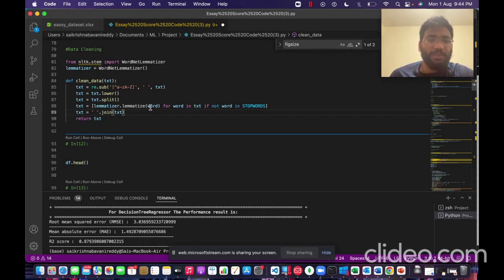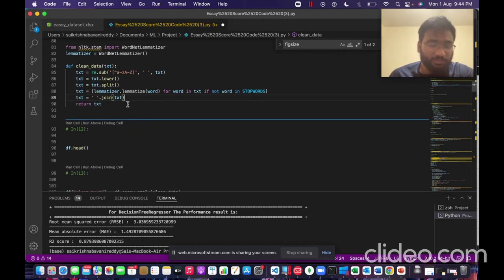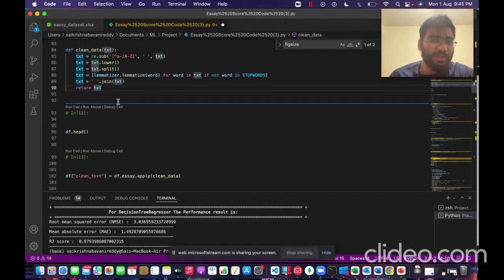But after doing this lemmatization, it will consider all those words as having the same meaning, and it will count them, like the word teach is repeated 3 to 4 times. After that I joined all the words and converted them into a string.